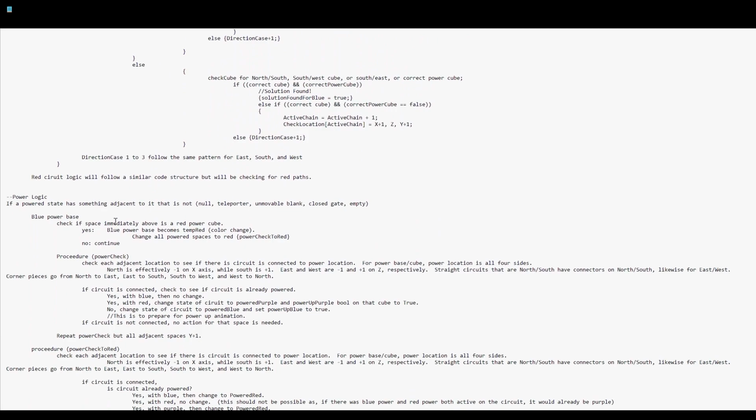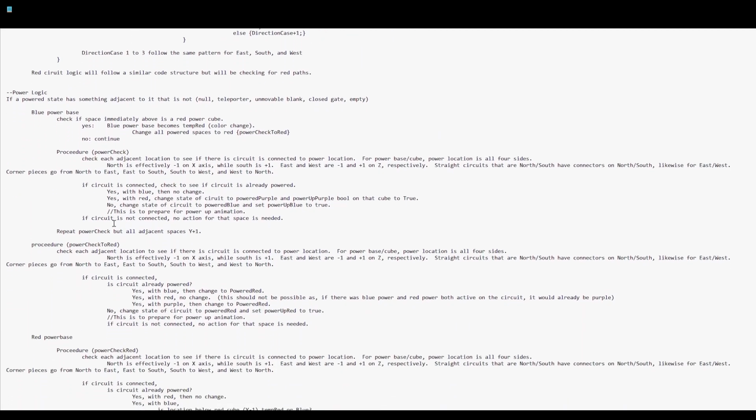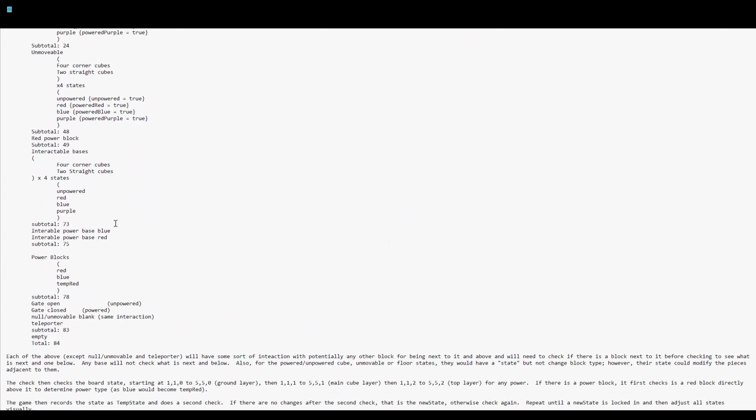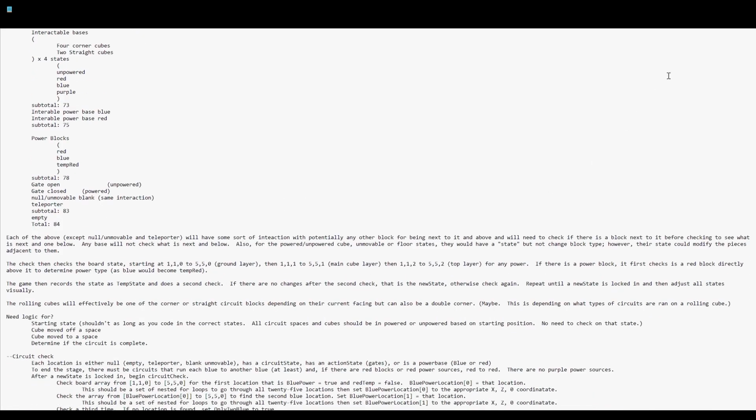If this were physical circuits, this is stupidly easy to handle in real world circuitry. It's, does the connection flow? Do you have a full circuit? Yes, no, okay, continue. So that's that part.